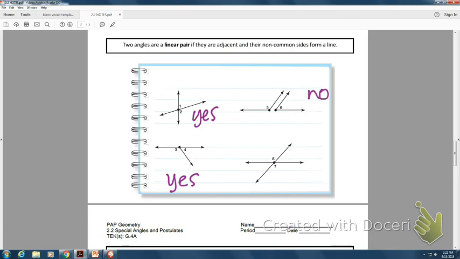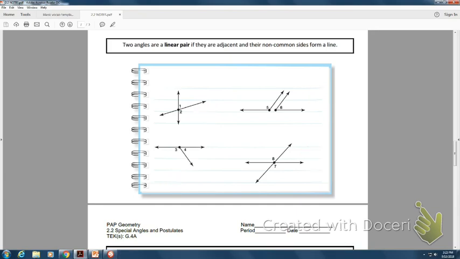Very good. They don't share a common side. 7 and 8? No, why not? They don't share a common side. What kind of angles are 7 and 8? Vertical angles. Okay, questions on linear pairs.